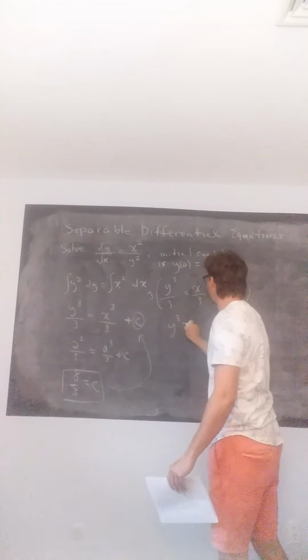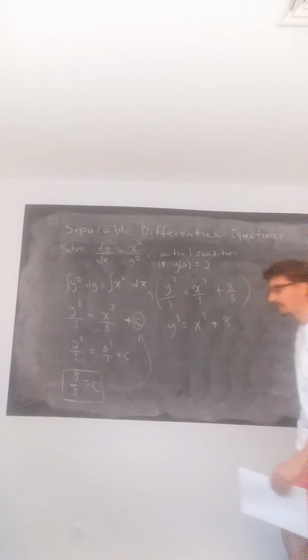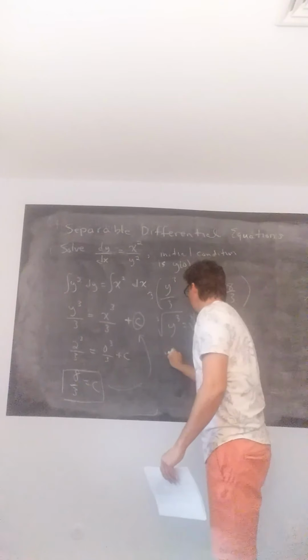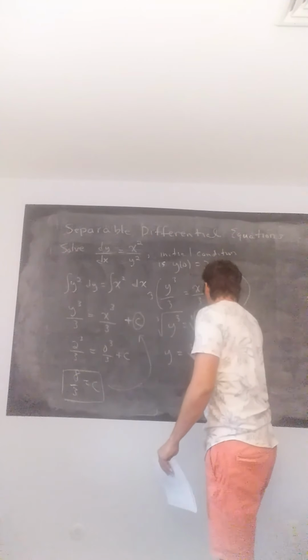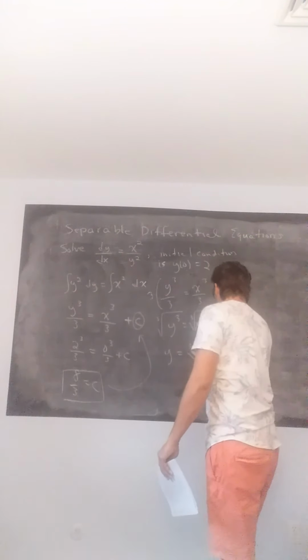You get y cubed is x cubed plus 8, just like that. And then all we've got to do is take the cube root of both sides. So we get y equals the cube root of x cubed plus 8. And this is a very, very particular solution that we were looking for.